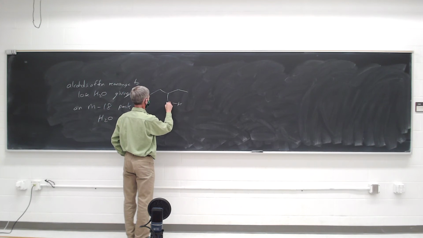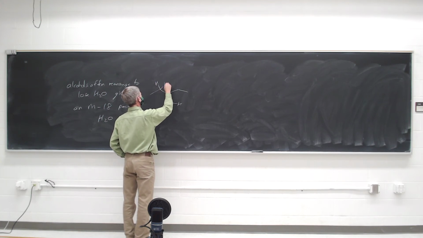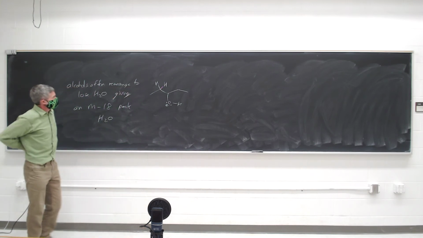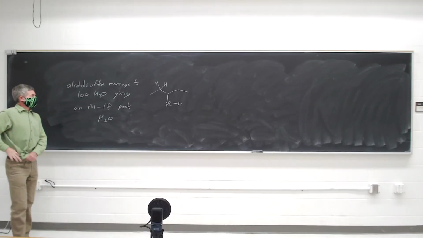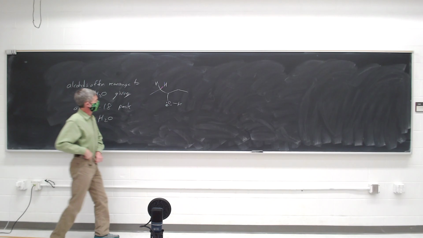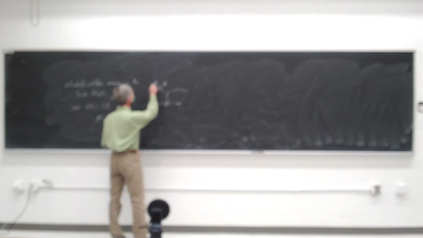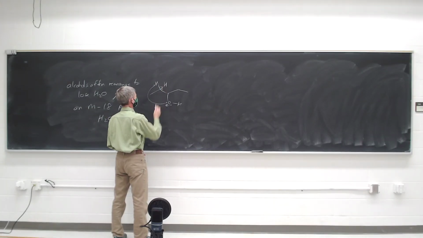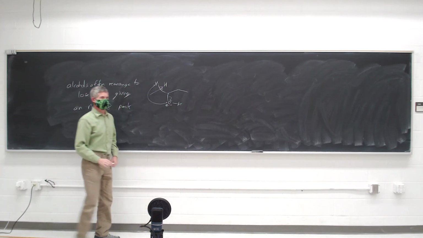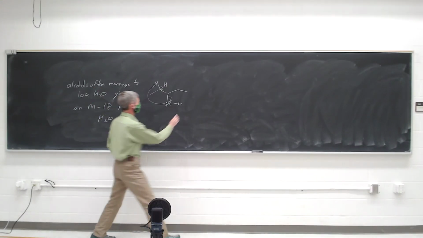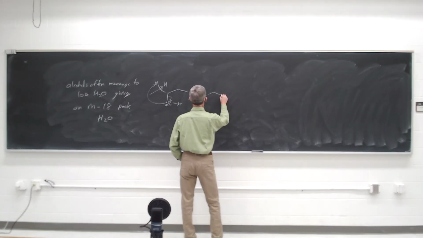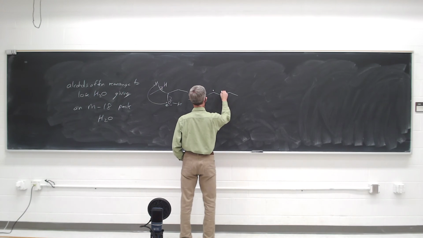So you have this radical cation. We have adjacent hydrogens. So what's usually going to happen is it's going to pluck one of those hydrogens off, turning a radical here, and it's going to take those two with it. The result of that will be to form a molecule that looks like this.